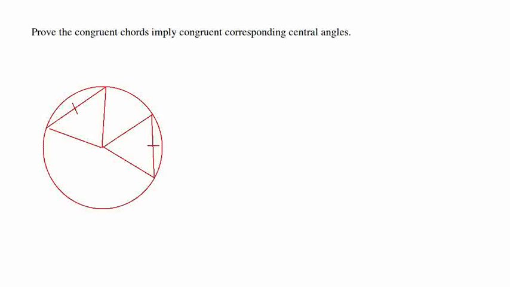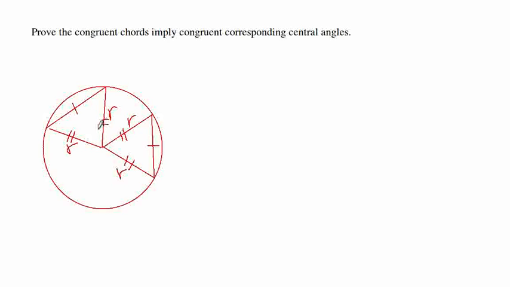Now we know that every radius of the circle is congruent. All of these radii have some length, and they're all the same length. So I can put the congruency markings.